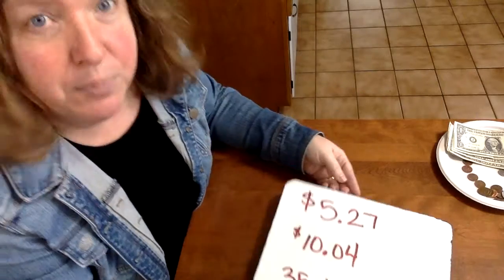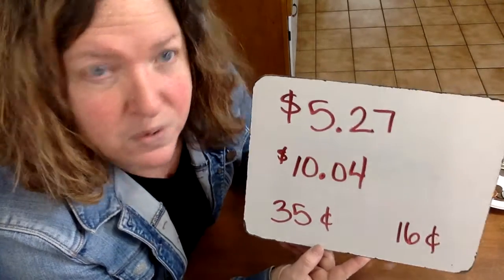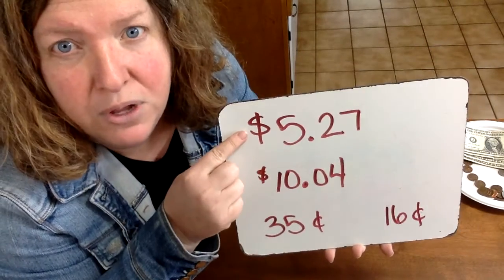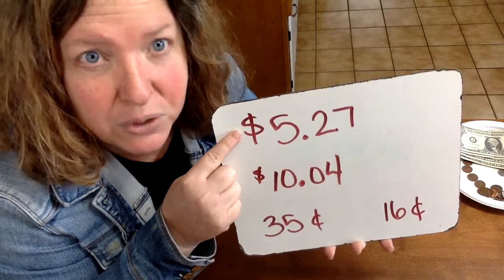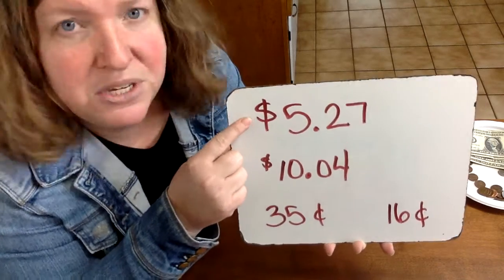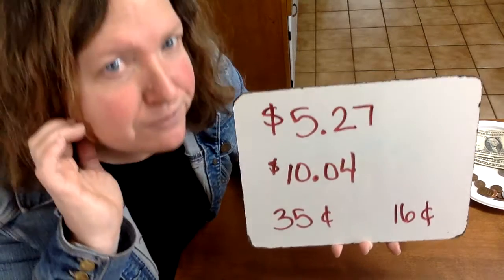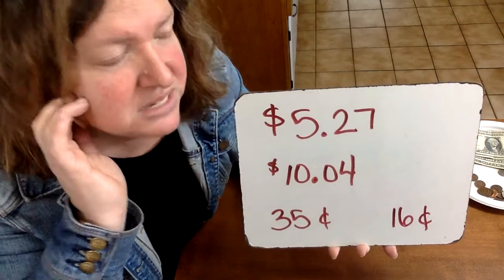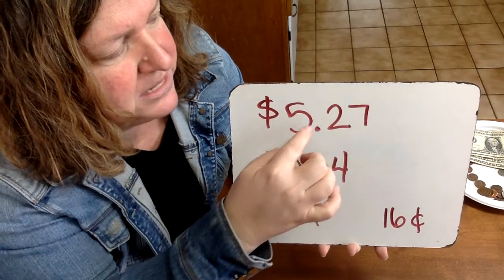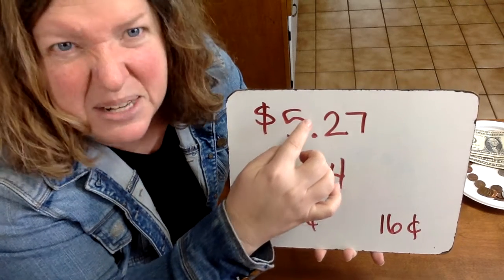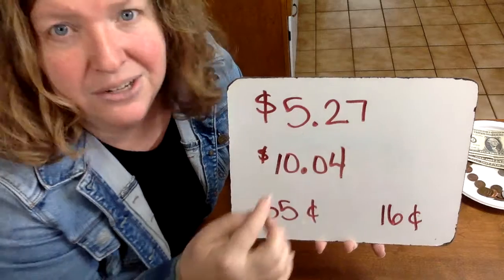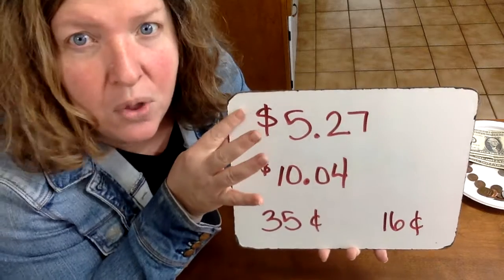So we want to practice reading and writing money in the way it's supposed to be. So first of all, the dollar sign comes first, and that's so hard because when you hear it, when you say $5.27, it kind of sounds like you should put the dollar sign in the middle because you say $5, but the dollar sign actually always comes first.